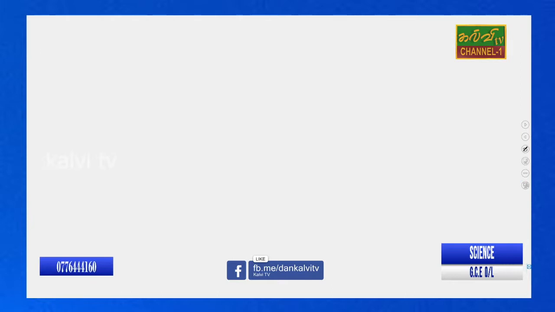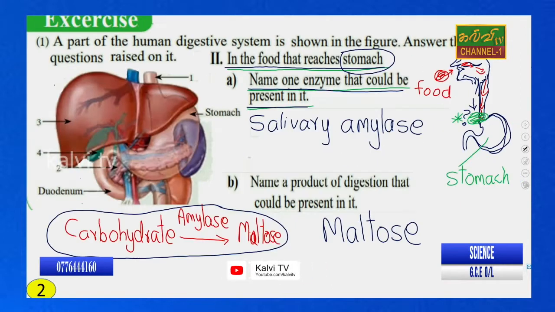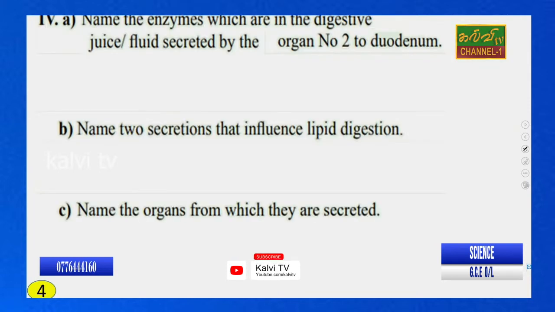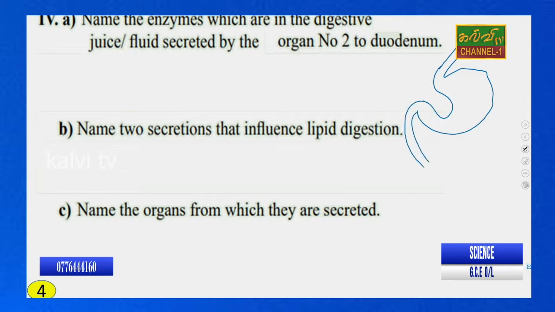The question is, name the enzymes which are in the digestive juice or fluid secreted by the organ number 2 to the duodenum, right? So we should know that this is the stomach, and we have found the gland, that is the pancreas, right?